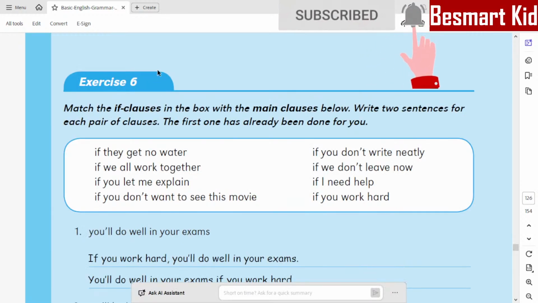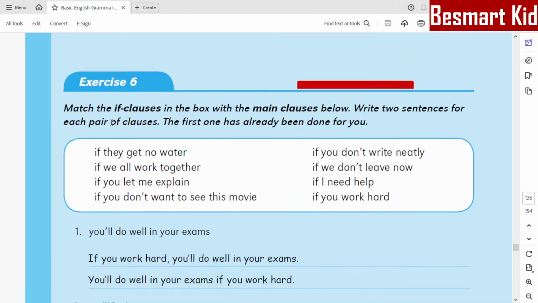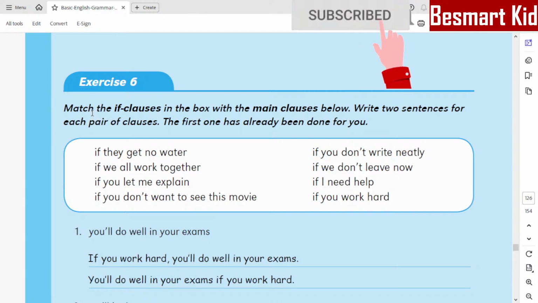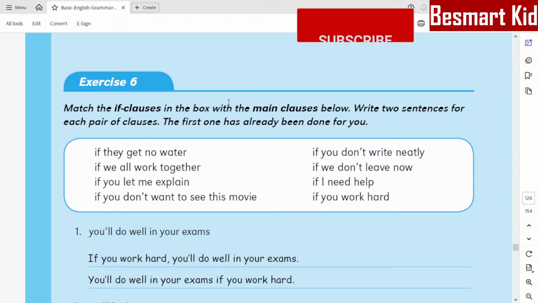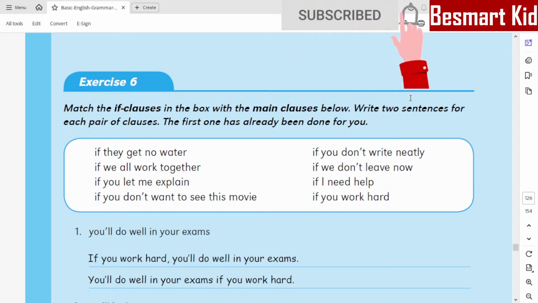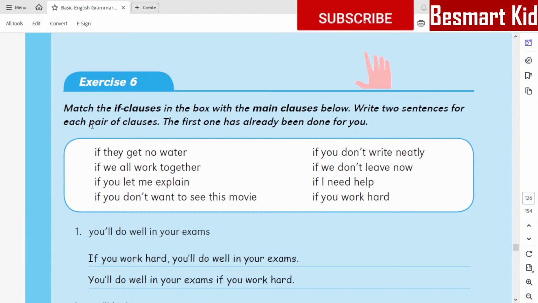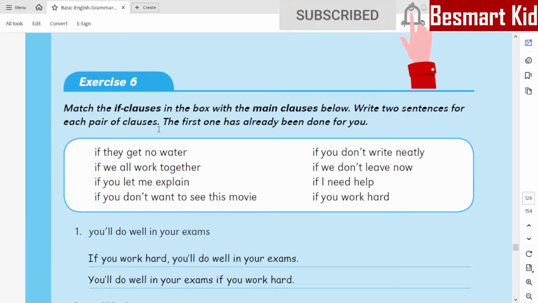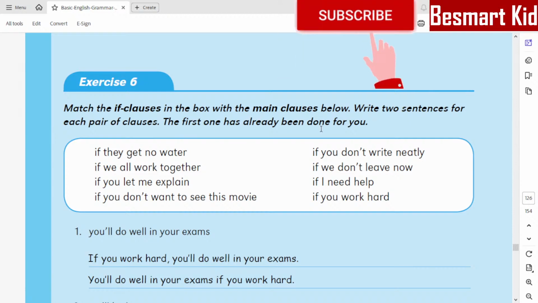Exercise 6. Match the if clauses in the box with the main clauses below. Write two sentences for each pair of clauses. The first one has already been done for you.